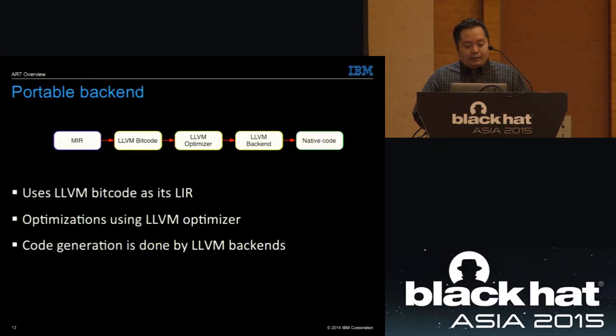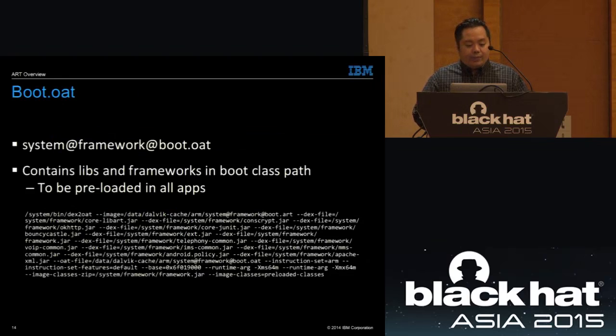The portable backend, on the other hand, uses LLVM, and it converts your dex bytecode into LLVM bitcode, then does some optimizations on it, and then uses one of the LLVM backends to generate code for your device. Now, I mentioned earlier a boot.oat file.